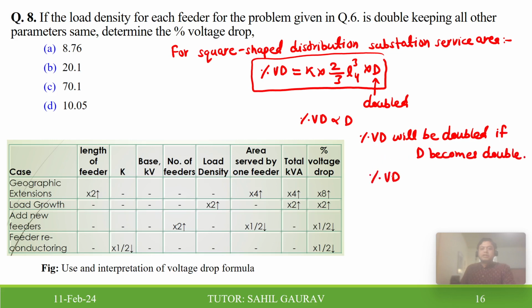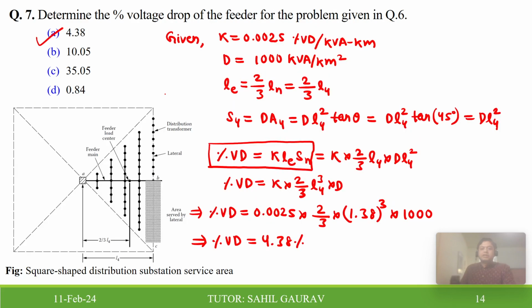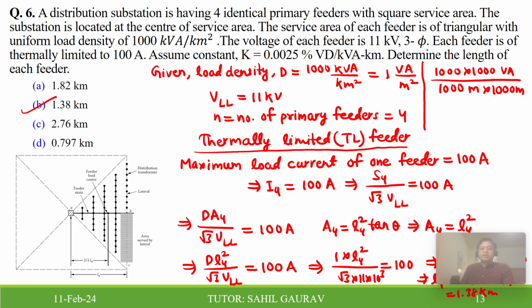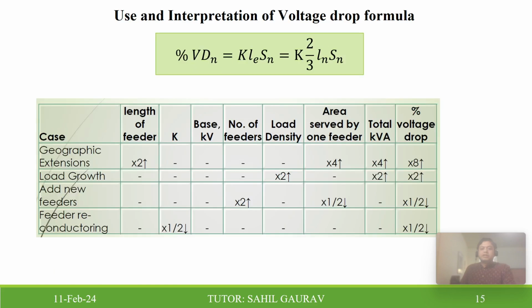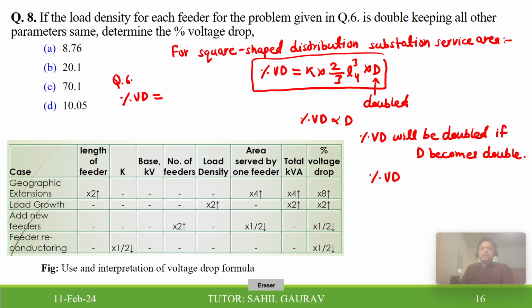We computed percentage voltage drop in the previous question, and we got 4.38%.